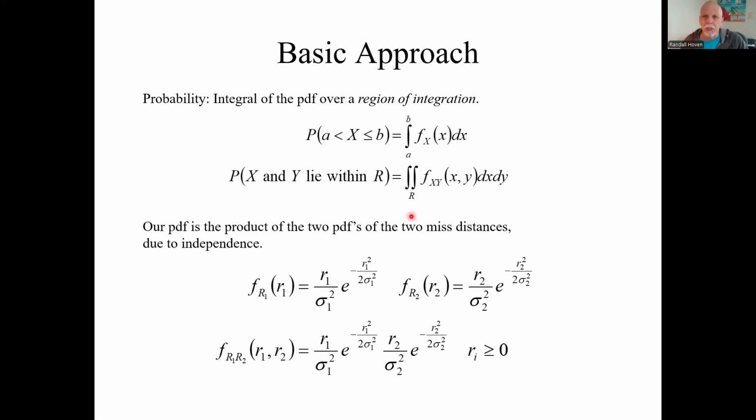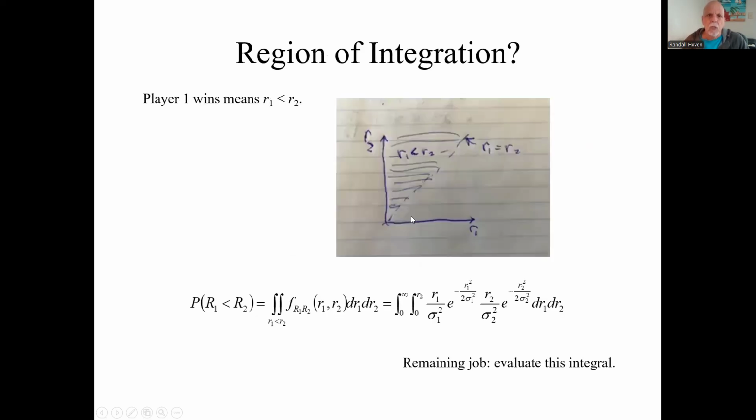Now, what is the region of integration? Player one wins means his miss distance is smaller than player two's miss distance. Well, our two variables are R1 and R2, the two miss distances. The region of integration is in the R1, R2 plane.